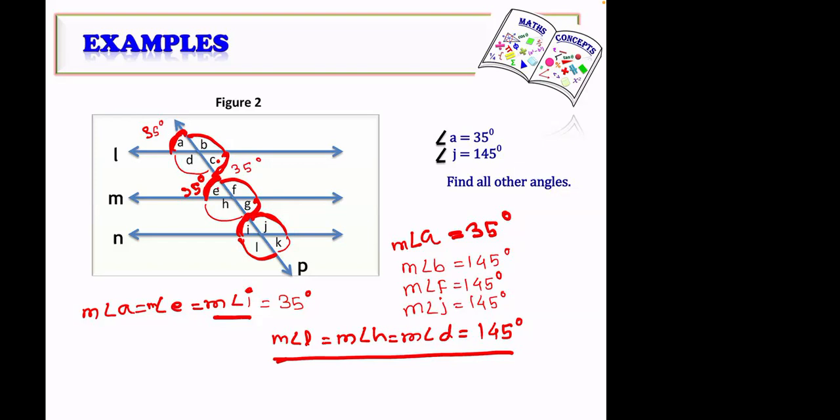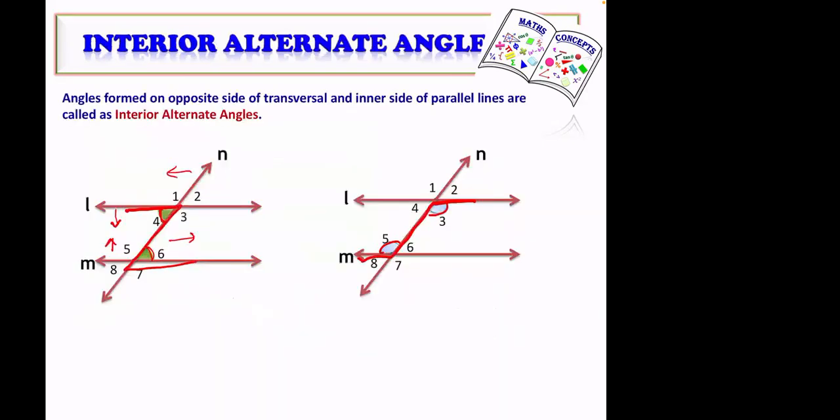Okay, alternate angles or corresponding angles would be equal if and only if the lines are parallel. Okay, so these would measure the same. Angle 4 and angle 6, angle 3 and angle 5. These are interior alternate angles. Can someone tell me what could be exterior alternate angles?